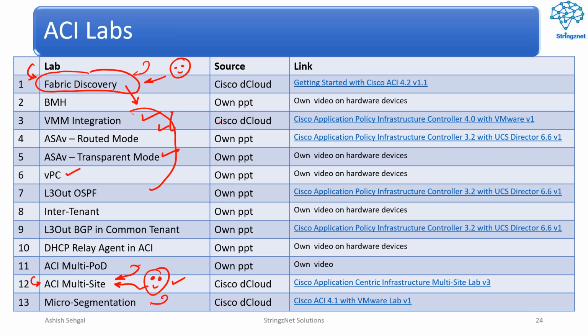Then of course, microsegmentation. Microsegmentation reminds me of certain additional knowledge which I will be sharing with you guys with regards to non-Cisco products. So the microsegmentation lab is also doable in Cisco dCloud without data plane verification.